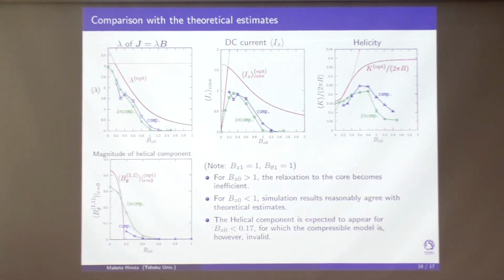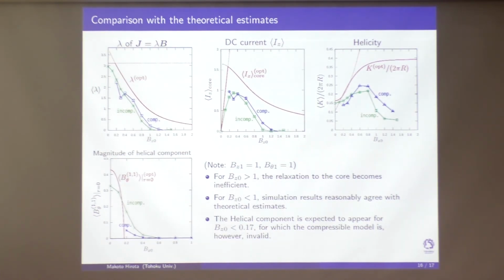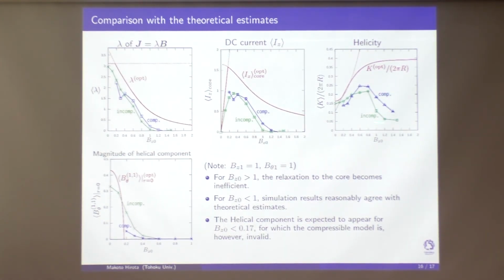If Bz is greater than 1, lambda and DC current and helicity go to 0, which is far from the theoretically estimated value. Which means that no relaxation occurs with such a strong guide field.